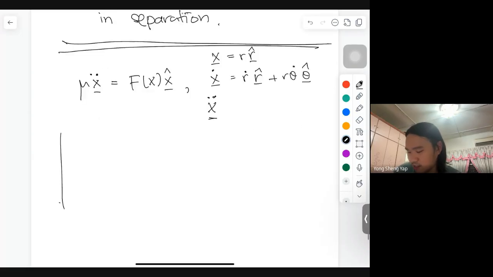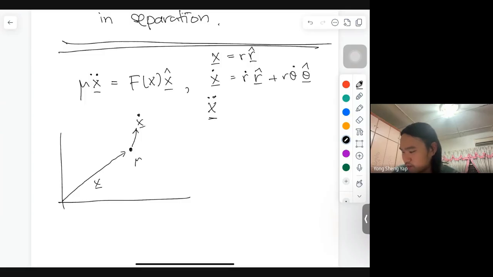Okay, again, I should draw the picture that if this guy has a position here and a velocity here, this velocity can be decomposed into a radial velocity, okay, and a tangential velocity.